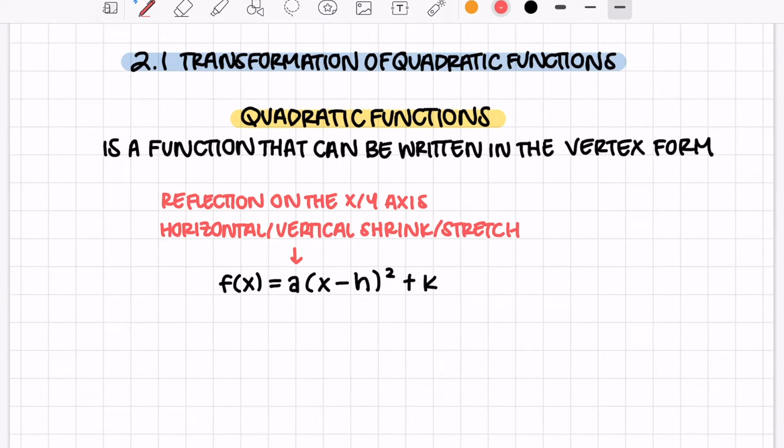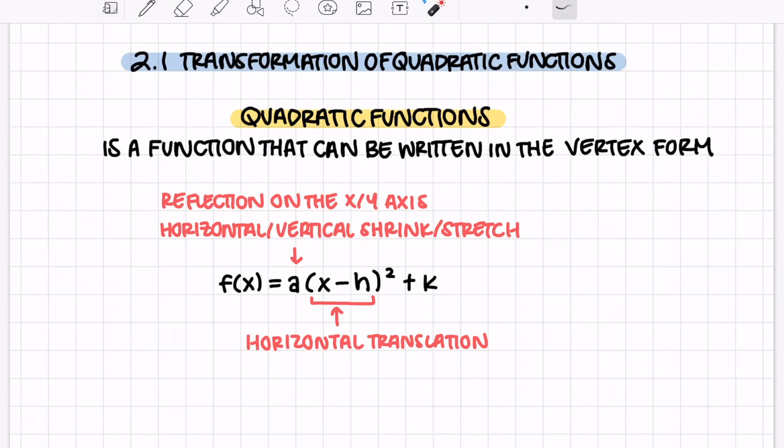And then inside the parentheses, we can always identify if we have a horizontal translation. So if our graph is going to be moving to the left or to the right, we can use whatever information is provided to us inside the parentheses here. We have horizontal translation, and we're always going to be looking at h for that information.